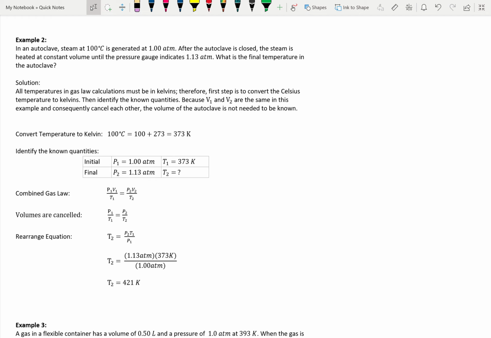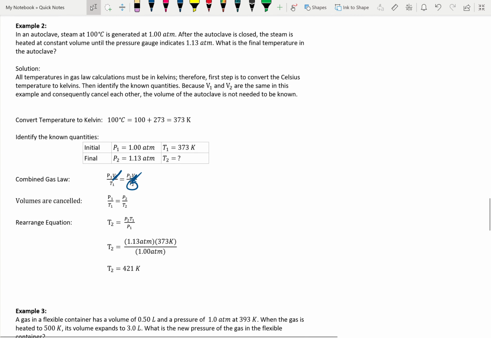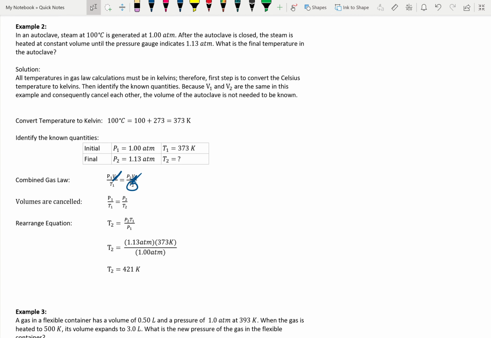We've got to get T2 alone, so we get P2 times T1 over P1. Plug in those numbers, and our final temperature will be 421 Kelvin. So our temperature went up from 373 to 421 in Kelvin.